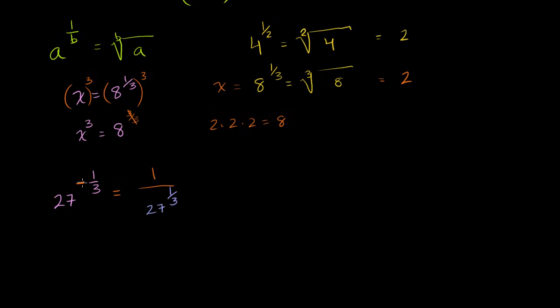You get rid of the negative and take 1 over the whole thing. And then what is 27 to the 1/3 power? Well, what number times itself 3 times is equal to 27? That's equal to 3. So this is going to be equal to 1 over 3.